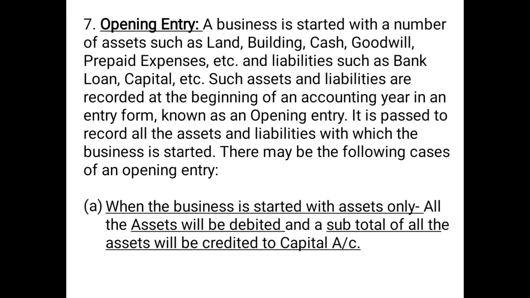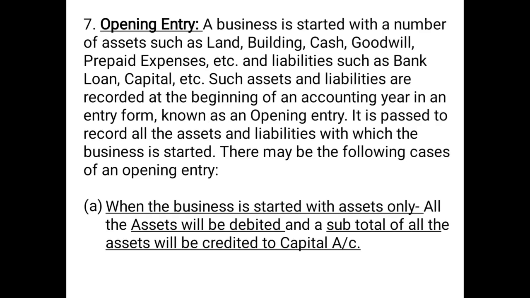Till now we have discussed only those entries where the business started with cash, but many times a business is started not only with cash but also with capital, assets, liabilities, debtors, creditors, etc. And sometimes the previous year balances of such assets, liabilities, etc. are also brought down in the business from one accounting year to the next accounting year. So in such a case, how will the entries be passed?